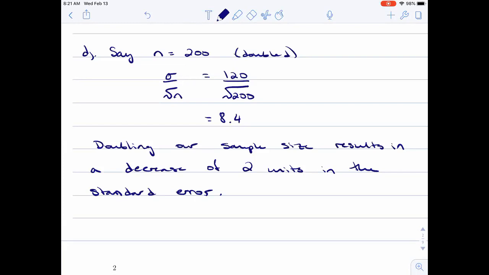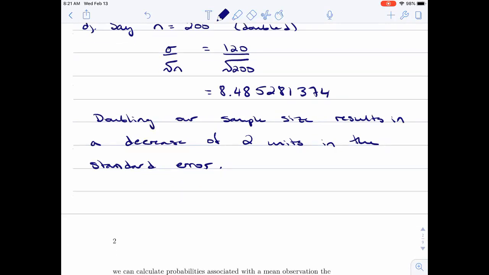This calculator is not that awesome. 848528137.4. Is that what you got? Awesome. So not quite 2 units, but 12 minus that. Nice. Still not cutting it in half though. And still because of how square roots behave.